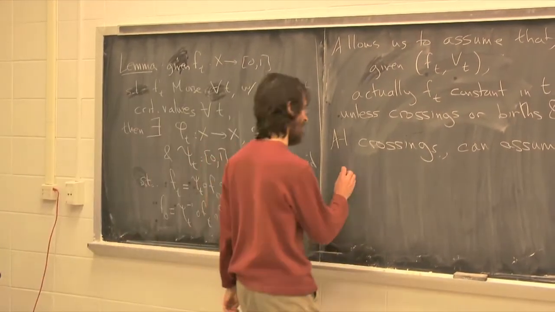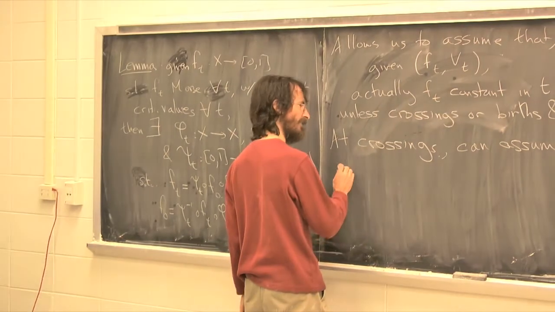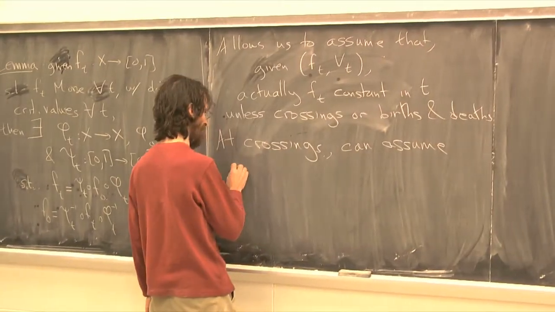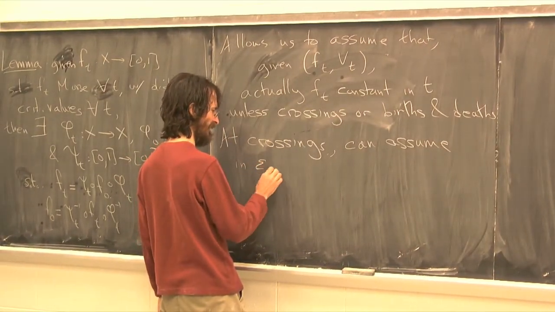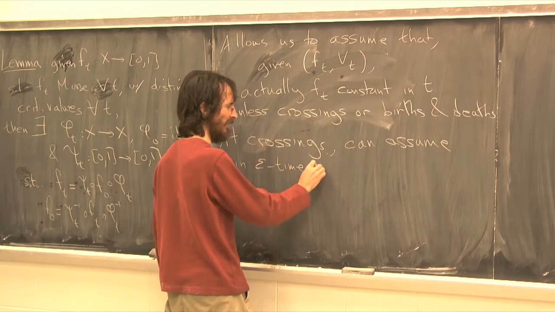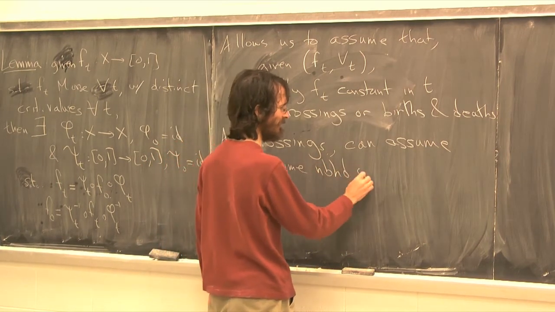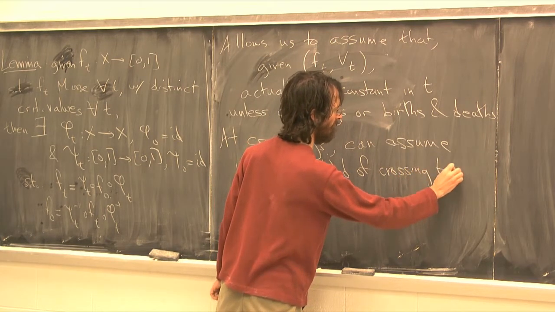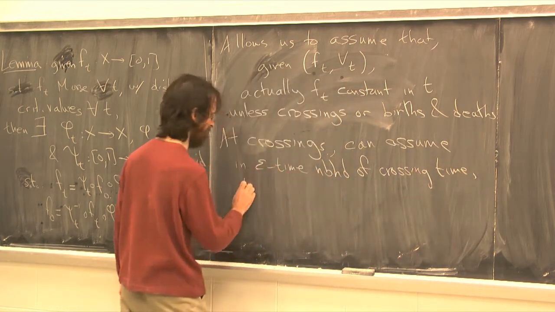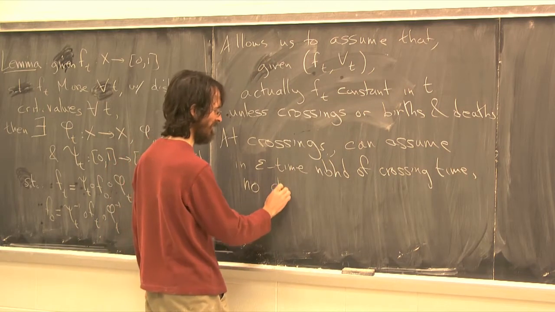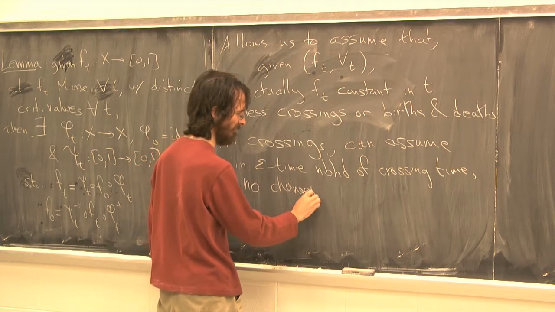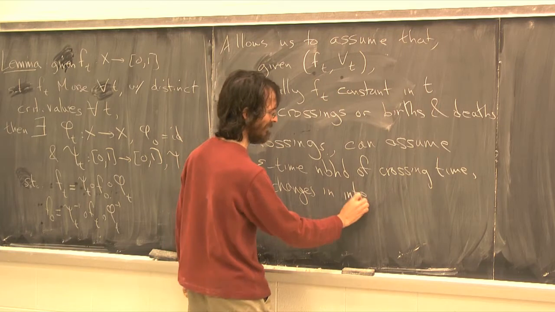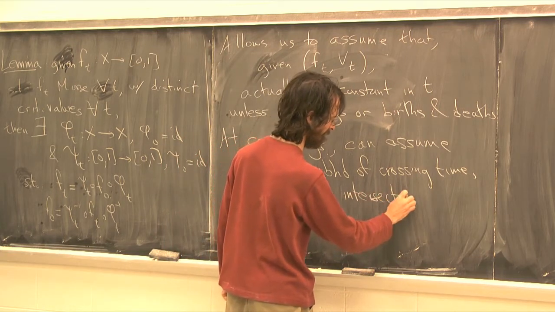But what we can assume is that in an epsilon time neighborhood of the crossing time, there are no changes in the intersection behavior of ascending and descending manifolds.